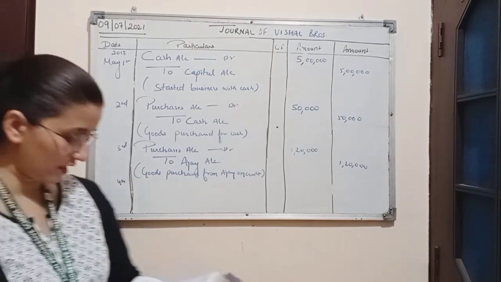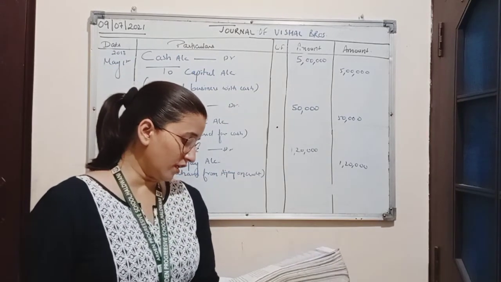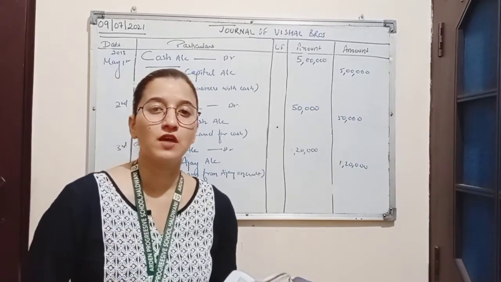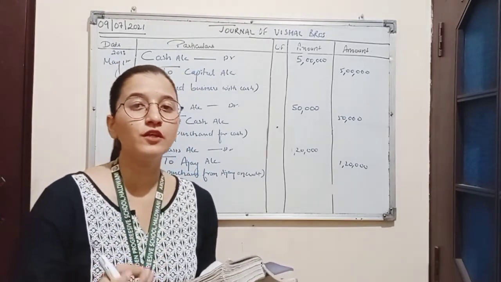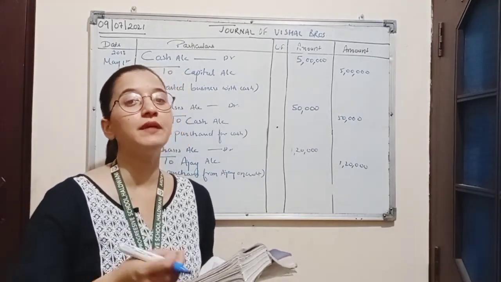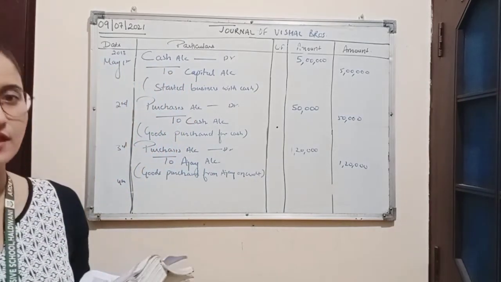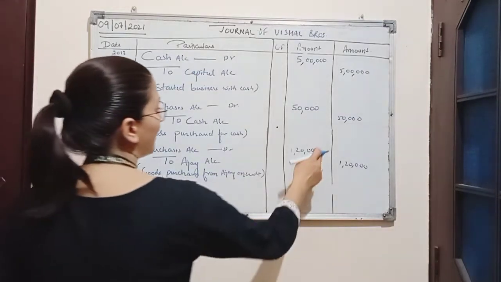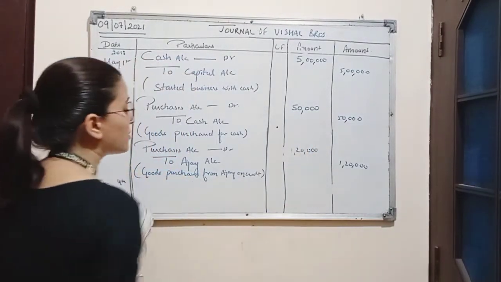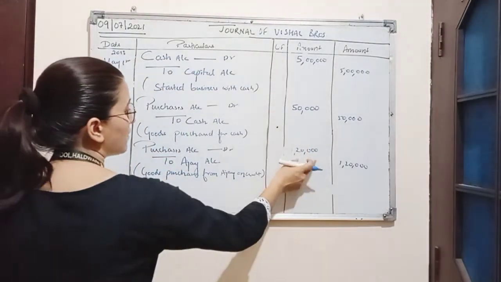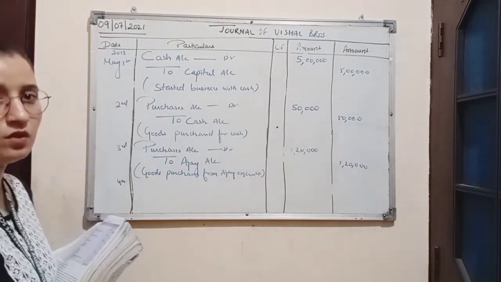And the transaction is goods returned to Ajay rupees 5,000. Now the goods amounting to rupees 5,000 have been returned to Ajay, which is considered as purchases return. Out of 1,20,000 goods which were purchased from Ajay, 5,000 goods were returned to Ajay.